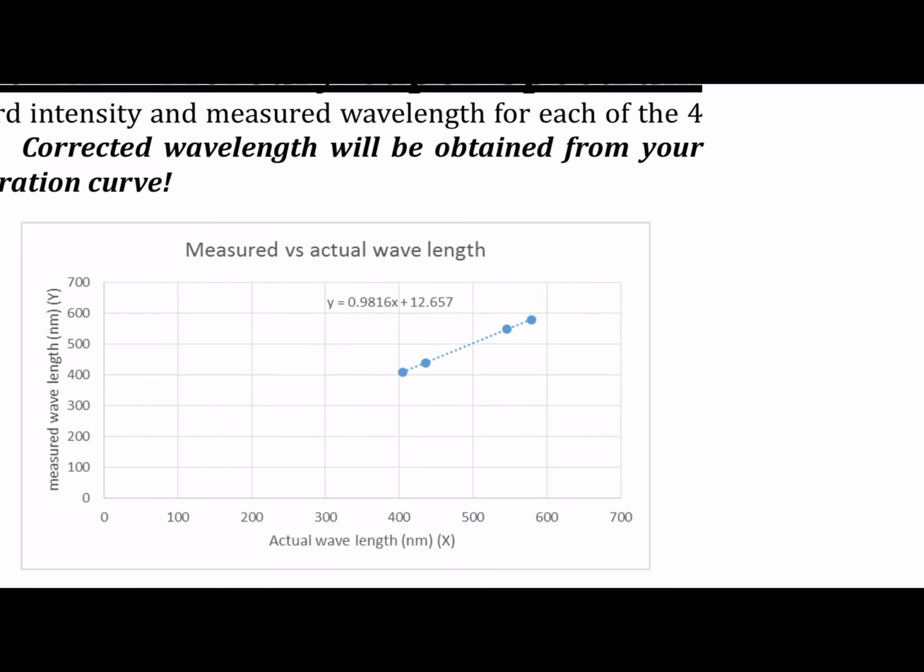If n initial is 3 and final is 2, that comes somewhere around 656, which is closer to the 700 end of the spectrum, the red region. So 656.